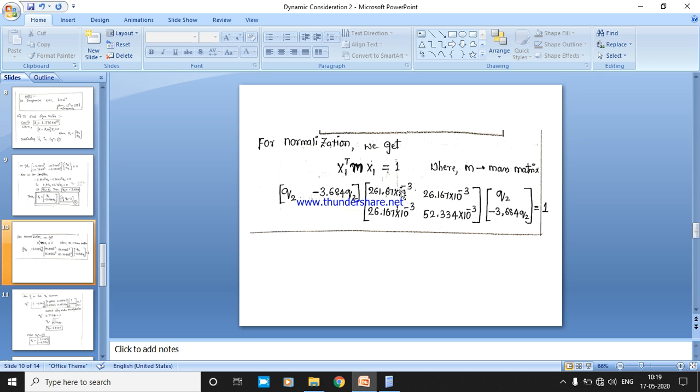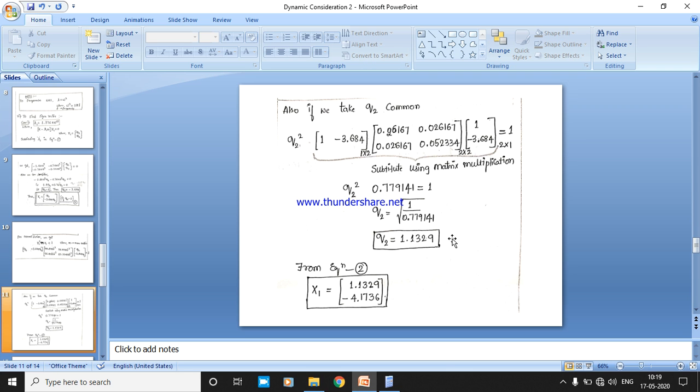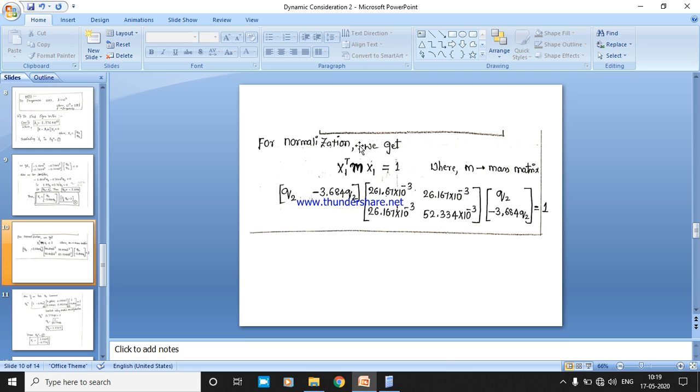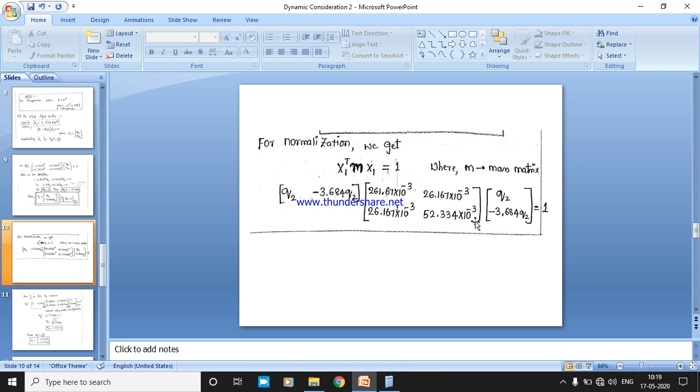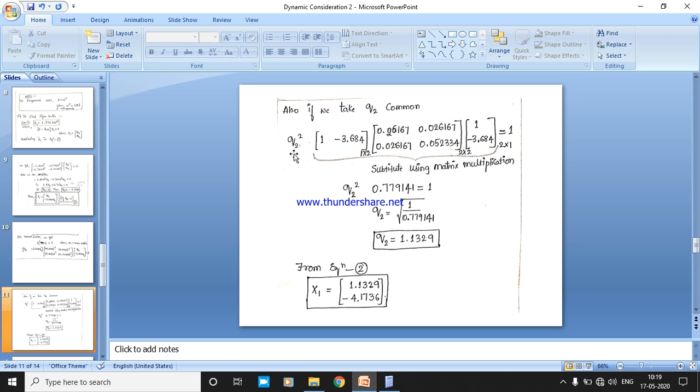Now comes the question: how to multiply these three? Why we are doing this normalization is to find the q2 value, because q2 I assumed to be 1. Once I find q2, I will get q2 and q3. So how to multiply these three?